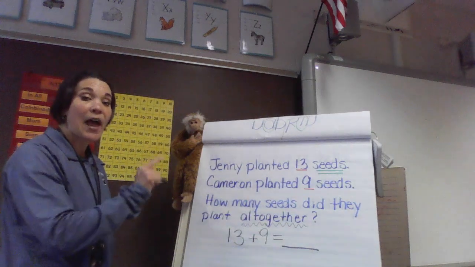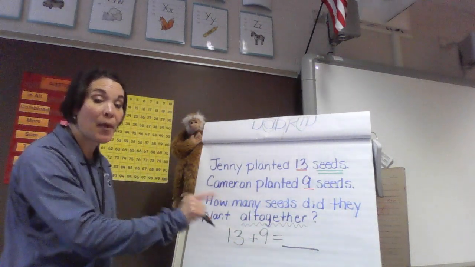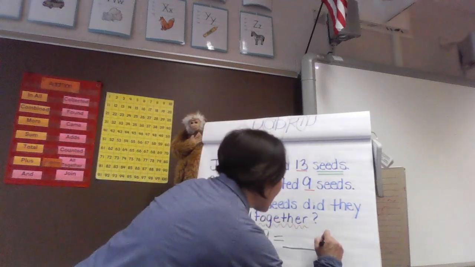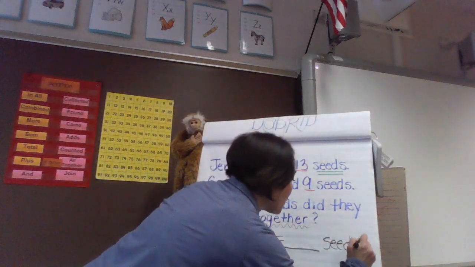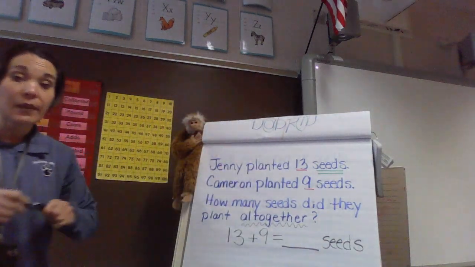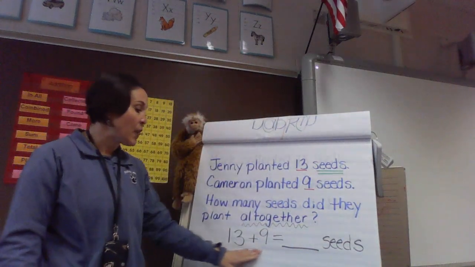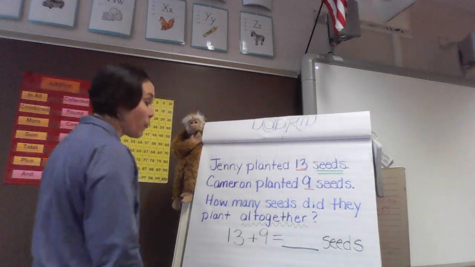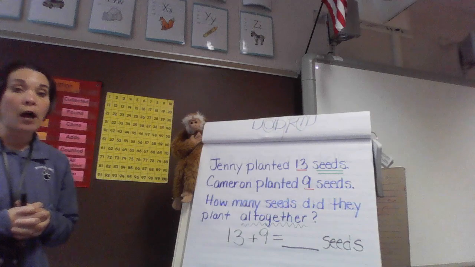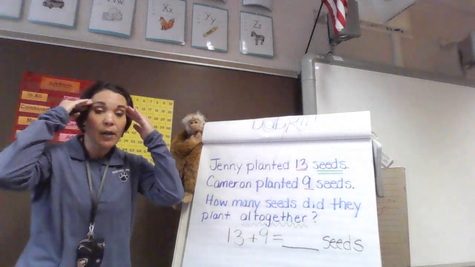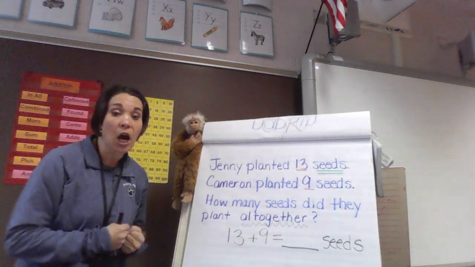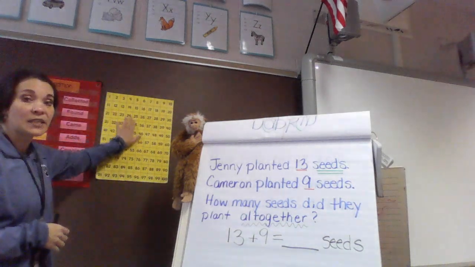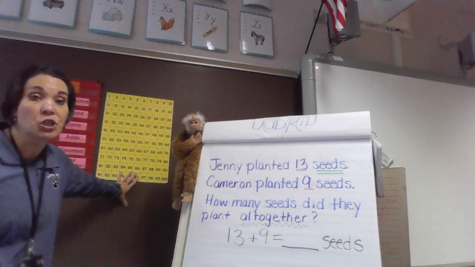Now, after that blank, which means after that sum, after that answer is found, I need to put the label. So I could already write the word, since we know seeds is the label. We have to now think about how we want to solve for 13 plus 9. Now, there's some folks out there that already know, well, I could maybe put 13 in my head and I could count on 9 more. Maybe there's a person that might say, hey, listen, I want to use my hundreds chart.